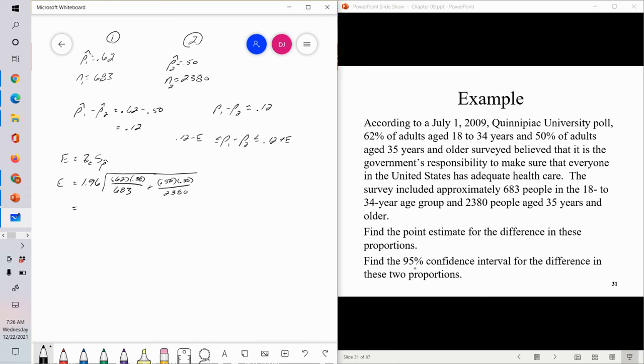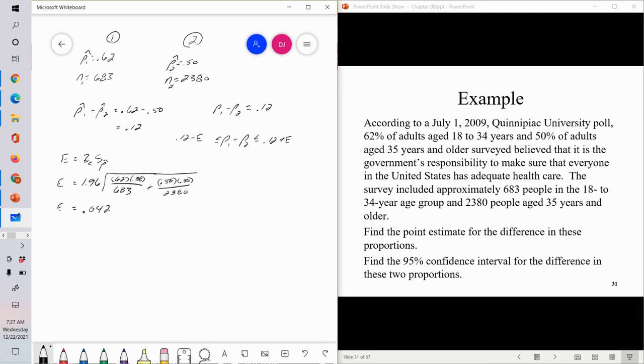Okay, and that's what I'm going to calculate in my calculator, and I would encourage you to do the same thing. So that's going to be 1.96 times the square root of 0.62 times 0.38 divided by 683 plus 0.5 times 0.5 divided by 2380, and we get E is equal to 0.042 if I round that to 3 decimal places.